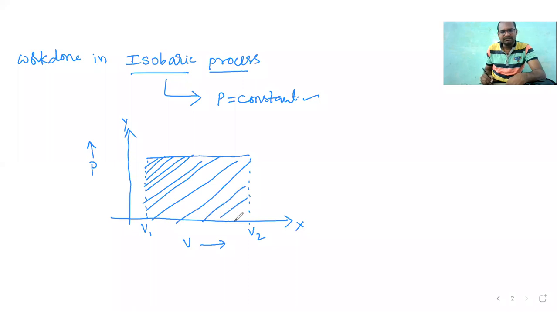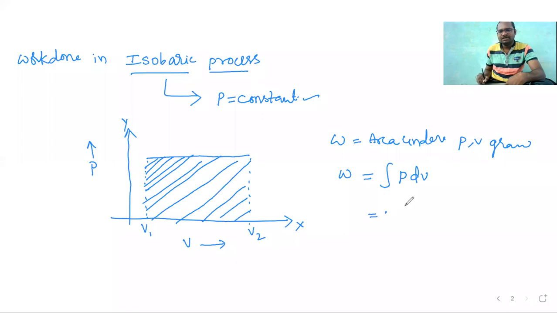So work done is the area under the PV graph, and it can be written as work done equals the integration of constant pressure into dV.